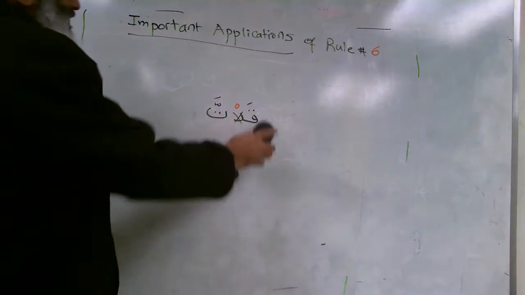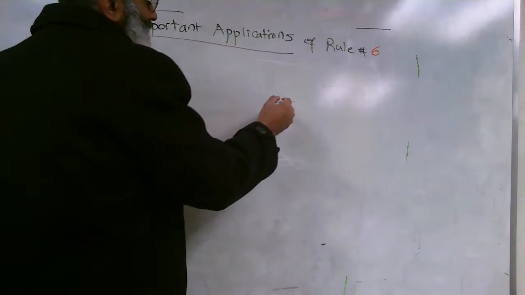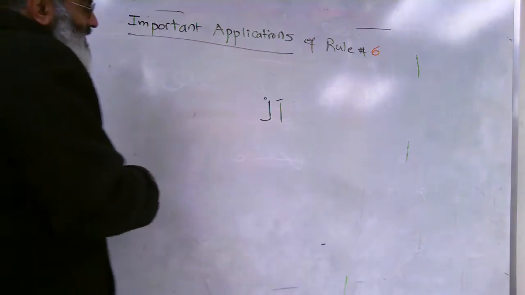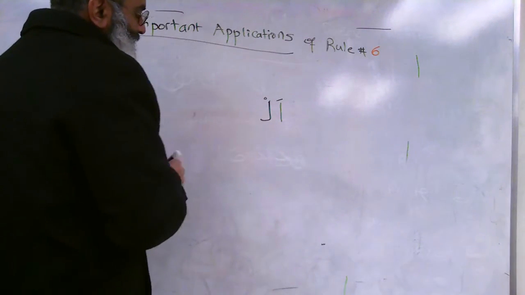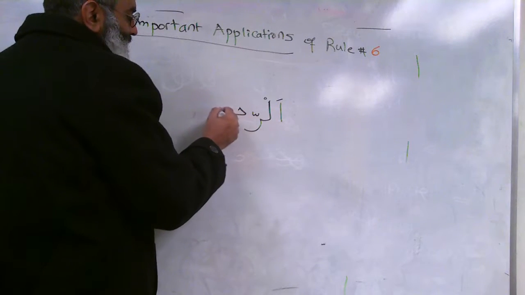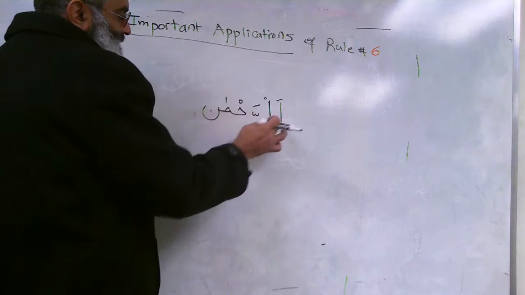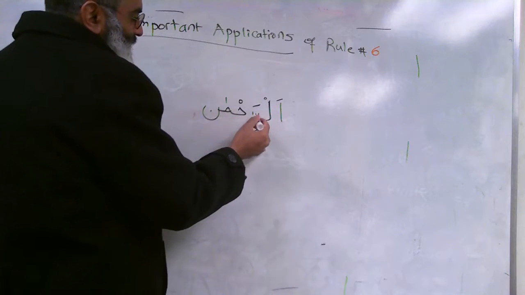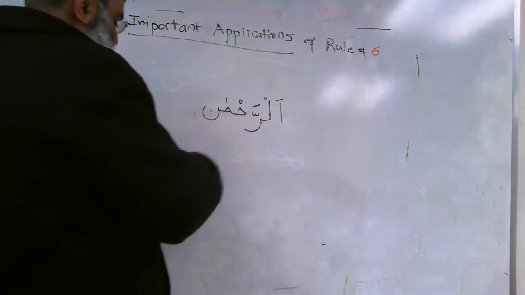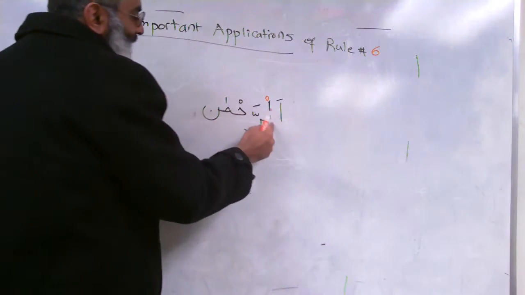Now an important application of rule number 6 is with alif lam. That is one of the most common applications, alif lam. If the letter with alif lam, lam with sukoon, has a shadda on it, like the name of this mosque, Al-Rahman, then in this case, because Ra has shadda and the letter before Ra is lam and it has sukoon, you have to skip lam.